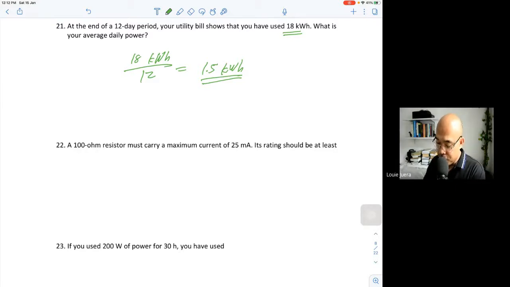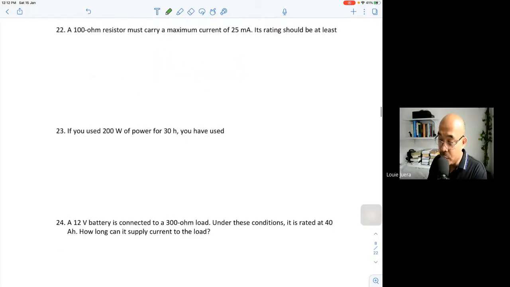Now let's proceed with question number 22. A 100 ohm resistor must carry a maximum current of 25 milliampere. Its rating should be at least, so we have to compute for the power here. As we discussed in the previous discussions, power is the product of current times voltage.